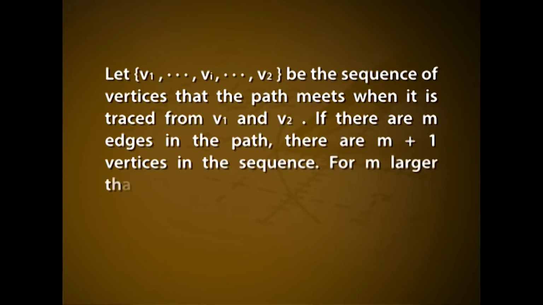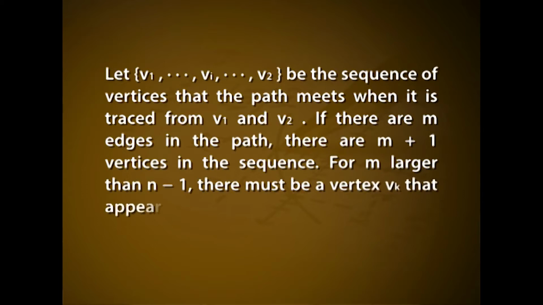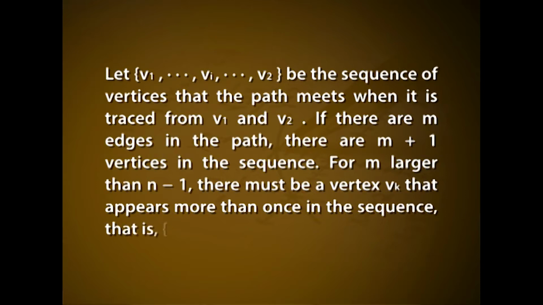For m larger than n minus 1, there must be a vertex Vk that appears more than once in the sequence, that is, the sequence will be V1, etc., Vi, etc., Vk, etc., Vk, etc., V2.